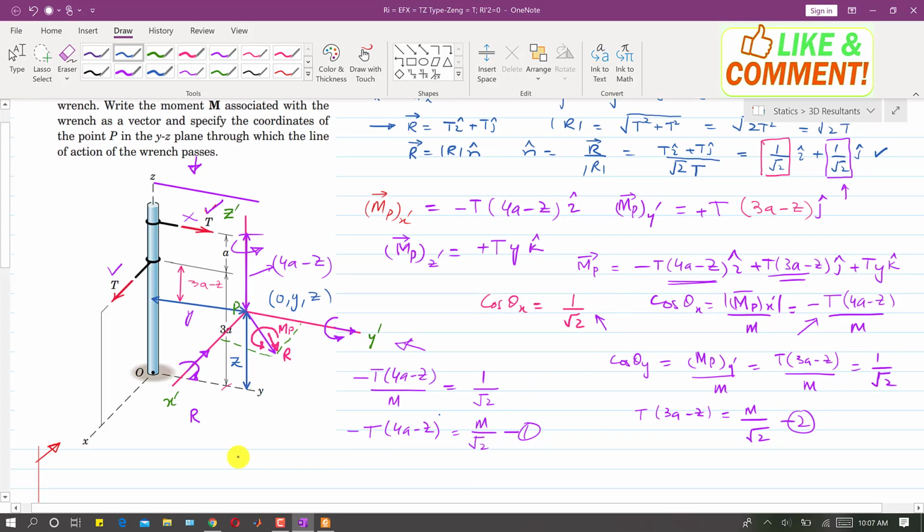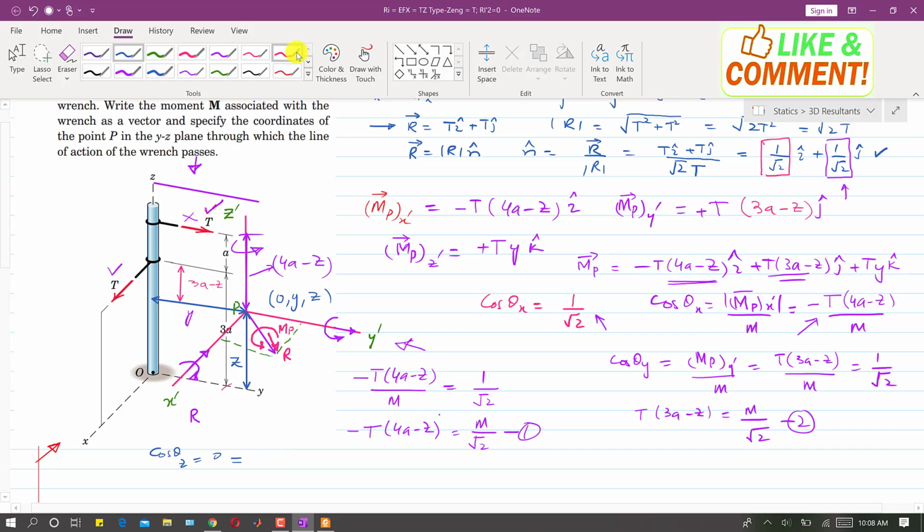Similarly, the direction cosine along z of both the resultant and the wrench will be equal. Since there is no component of R along z, the direction cosine along z is 0. So cos theta z for the resultant is equal to 0. And similarly, we can write it for the moment as well.